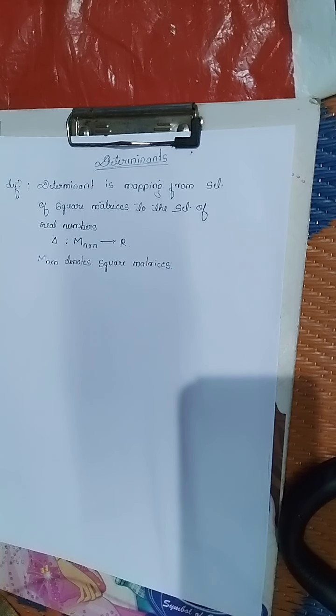It means if we have two rows, then in a square matrix there are also two columns. So when the number of rows and number of columns are both equal, we call that matrix a square matrix.